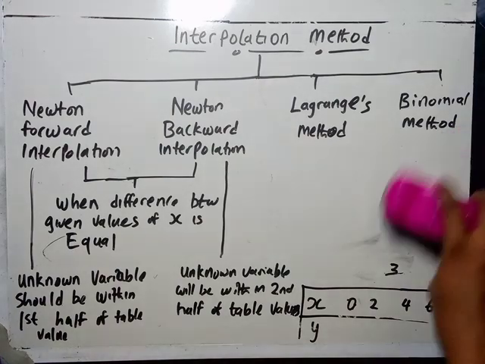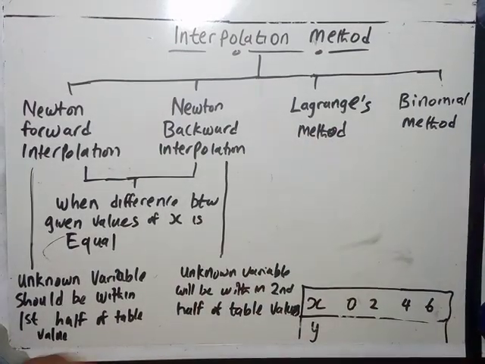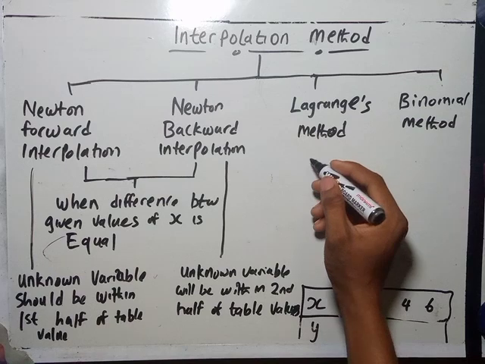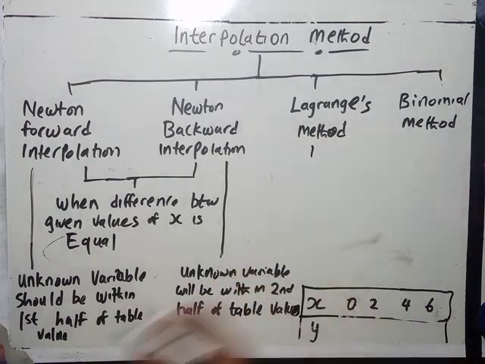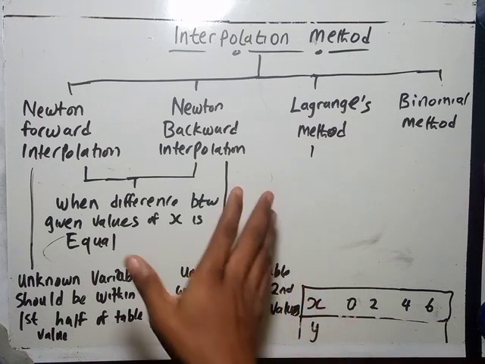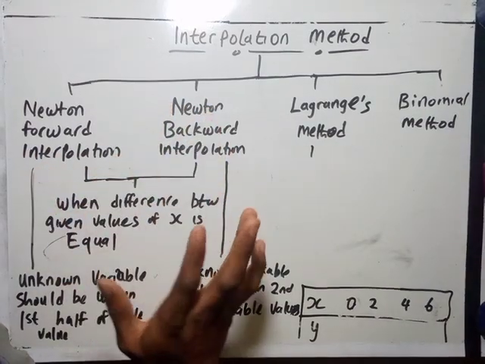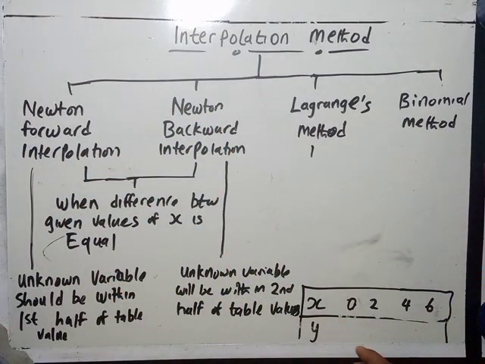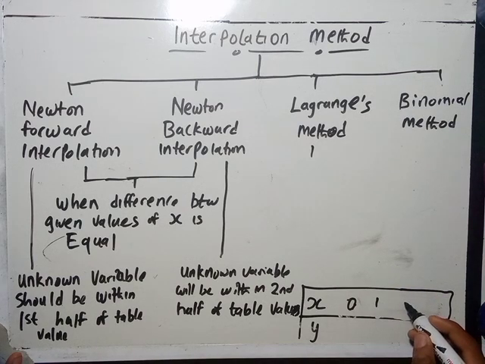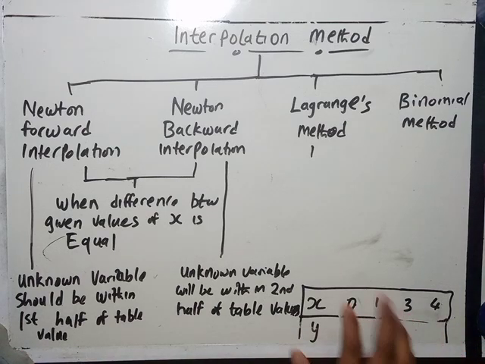Now, moving over to Lagrange's method. For this, we use it when the distances are not equal. It is the opposite of whatever these two are. Like for the first case that we made mention of, where we had something like 1, 3, and 4, in this case, what we will be using is Lagrange's method.